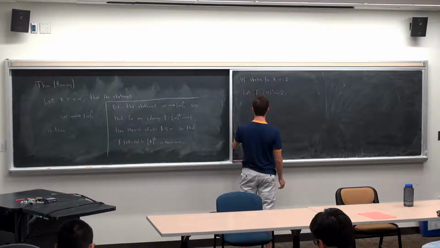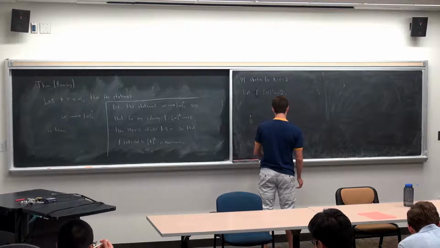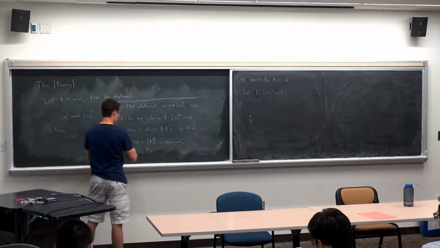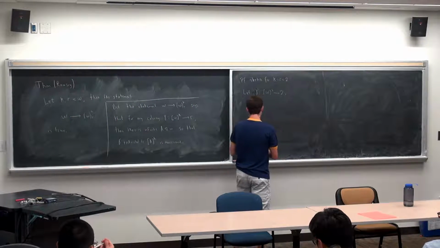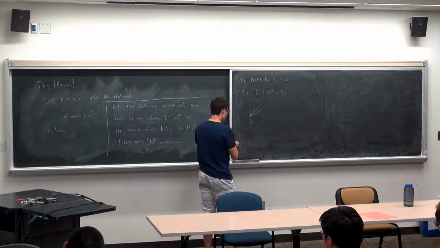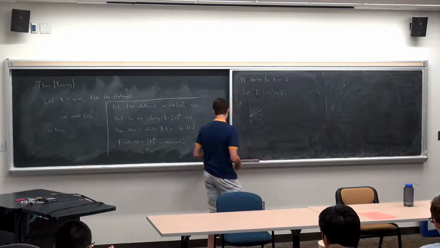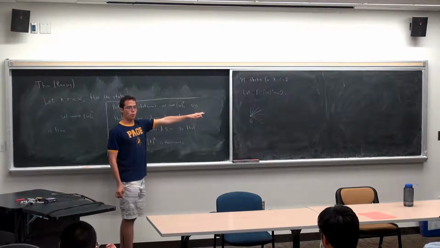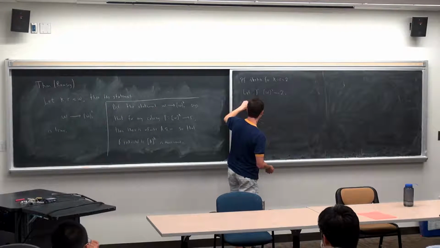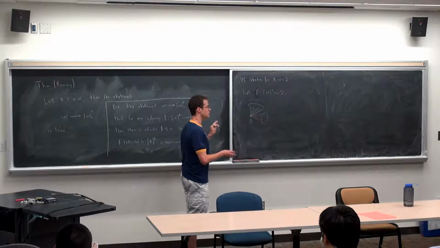Okay. So let's think about 0. Here's 0. Let's say that the colors are blue and red, because I have those readily available. So 0 sees some blue edges emanating out of it, and 0 also sees some red edges emanating out of it. We just partitioned the remaining natural numbers into these two pieces.